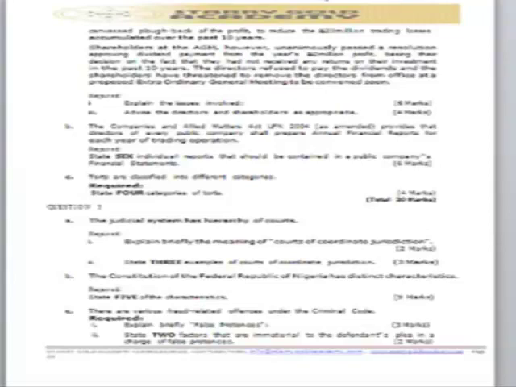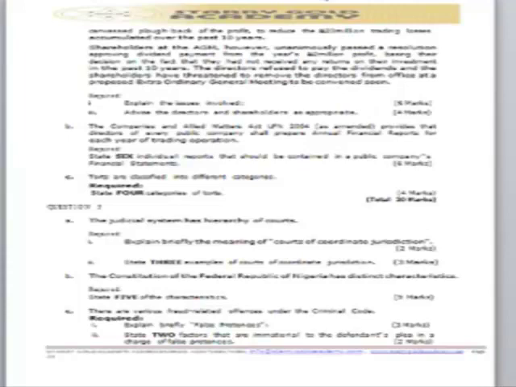So that a company makes profit does not mean that the board of directors will declare dividend. They may decide not to give shareholders anything, especially if there are debts to be settled. They may decide to use the profit to settle the debt of the company. So it's not necessary that they must declare dividend for shareholders to benefit. So that is the position of the law.